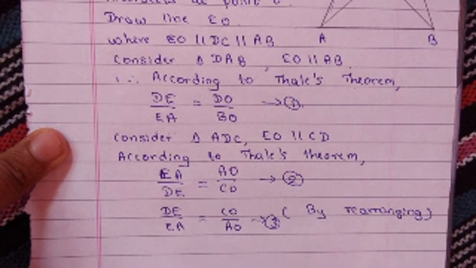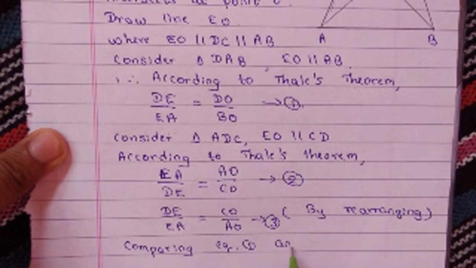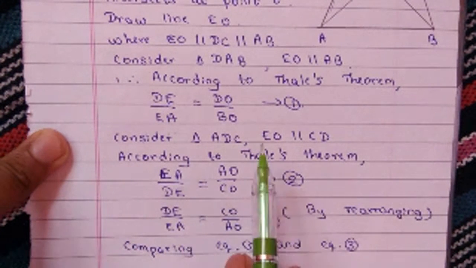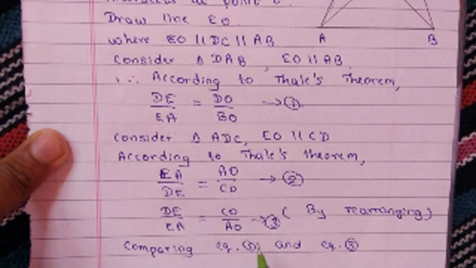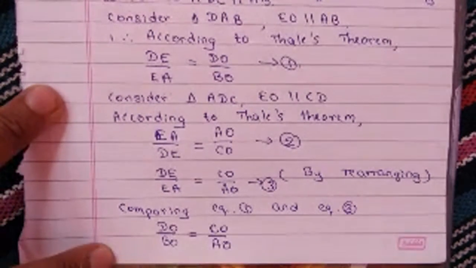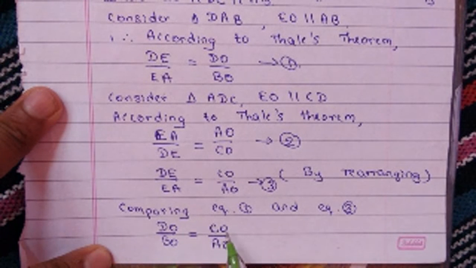Now compare equation 1 and equation 3. The left hand side of equation 1 is the same as the left hand side of equation 3. So DO divided by BO is equal to CO divided by AO.